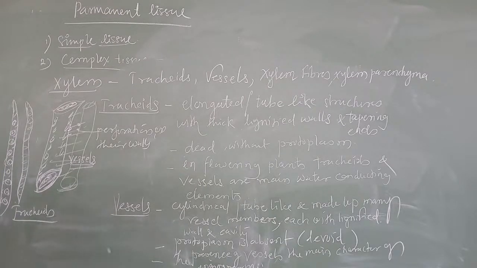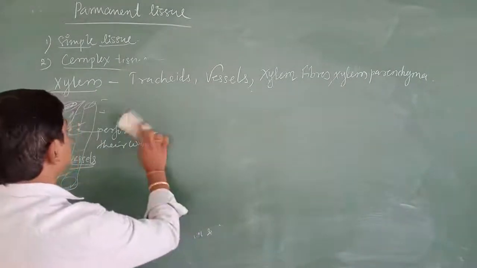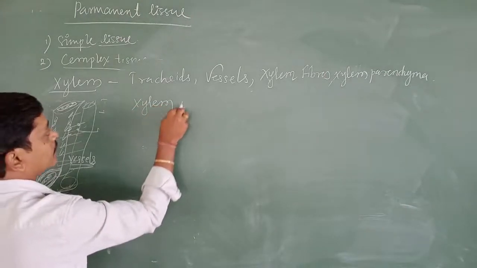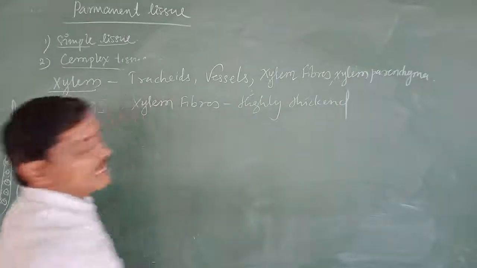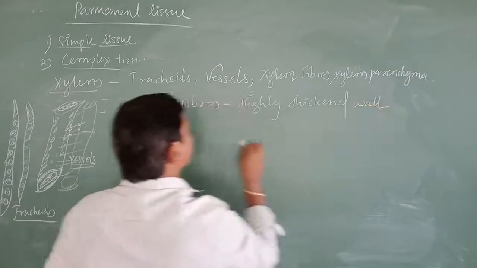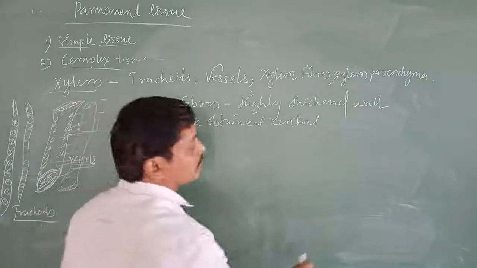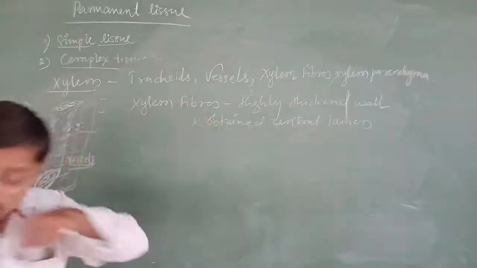Next, we move towards the xylem fibers. After the tracheids and vessels, we discuss xylem fibers. These have highly thickened walls and a central cavity or lumen.